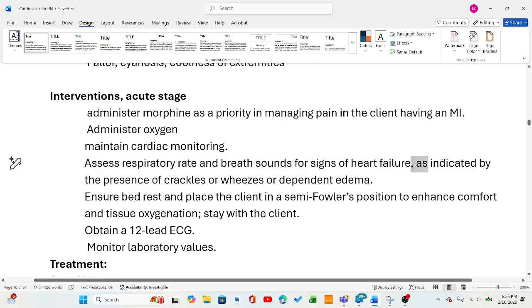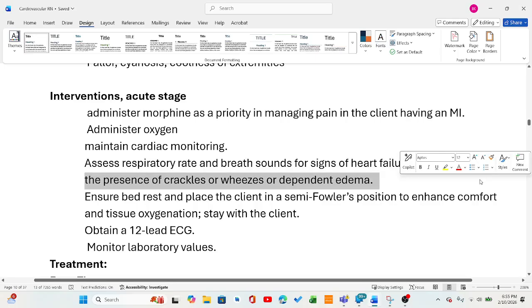And how do you know? One of the signs when it comes to heart failure, especially when the left side has failed, is a buildup of fluid, especially blood, in the lungs, because the left side of the heart receives its blood from the pulmonary system. So when that happens, there is going to be a backflow of blood to the lungs.